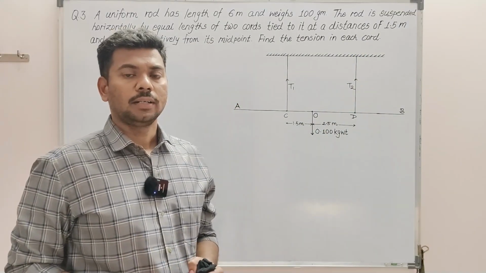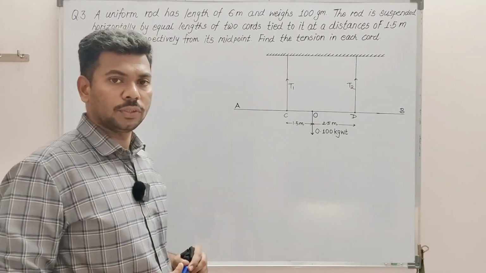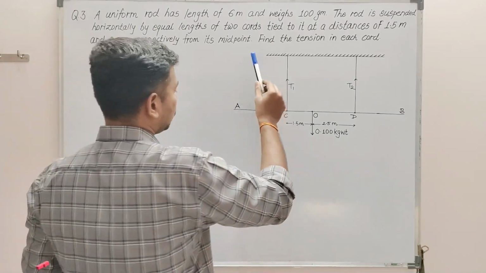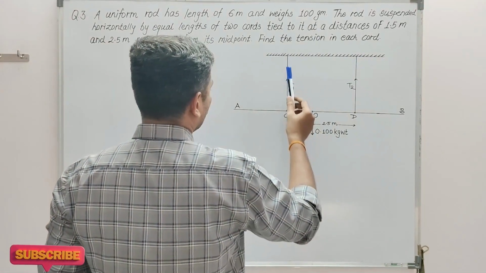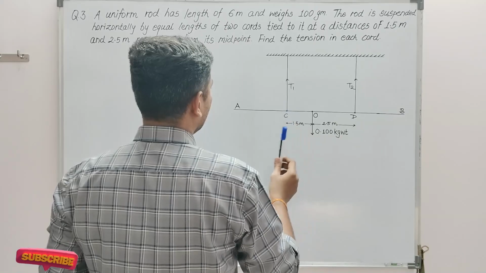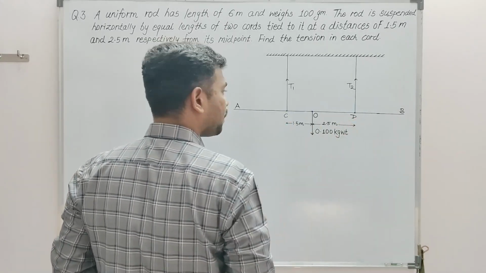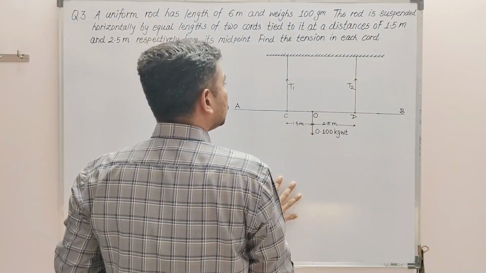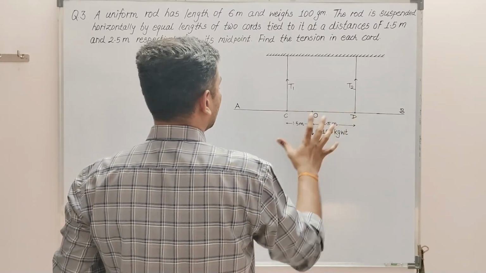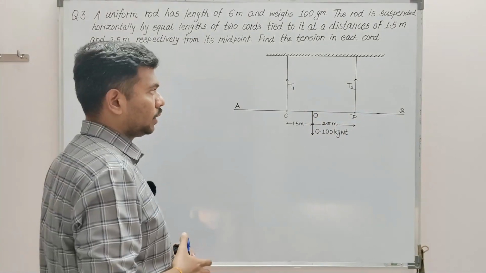Now let's understand the concept by using a diagram first. In the diagram, this is the horizontal support along with two cords having tension, because the rod is tied. The length of these two cords is the same, and T1 and T2 are the tensions, which we have to find.